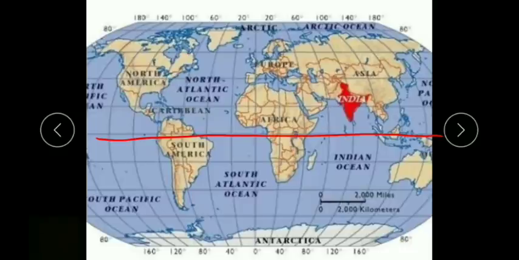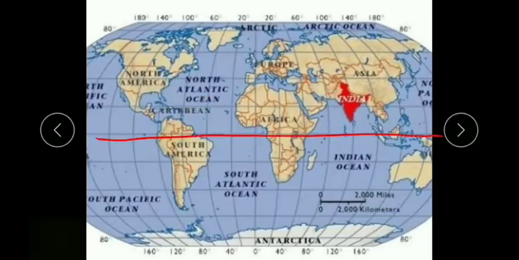Now, why don't the sun's rays fall perpendicularly at all places on the earth? Why are they not perpendicular? If you see this map, you can see the earth is not flat, but spherical in shape.